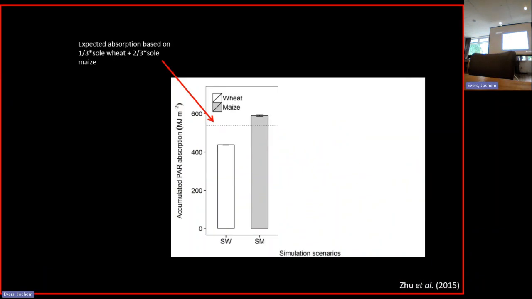So this is the expected light capture if you would put the species together and there is no additional effect of being in an intercrop. You just take 1/3 of the sol wheat light interception, 2/3 of the sol maize light capture, and add that up. If the intercrop does nothing to the light capture, this is what you would expect.